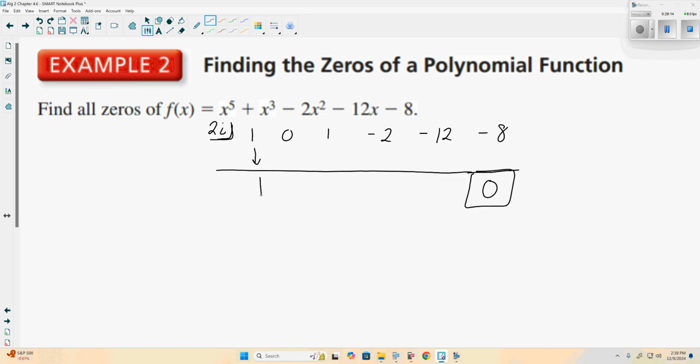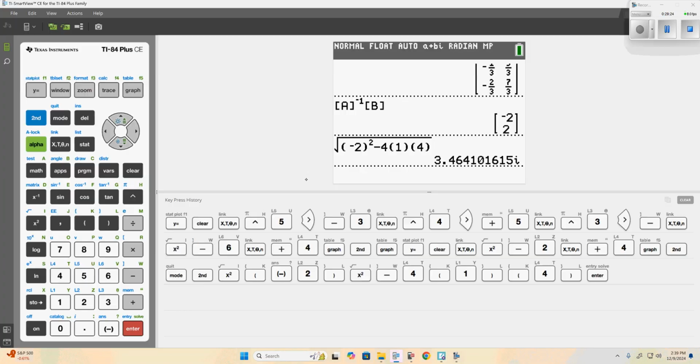Now 2i times 1 is 2i. 0 plus 2i is, well, 2i. Now we're going to do 2i times 2i.